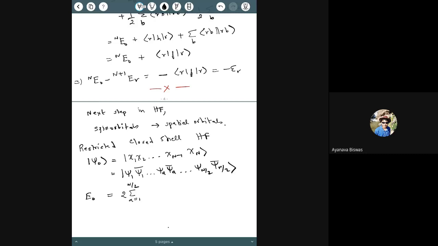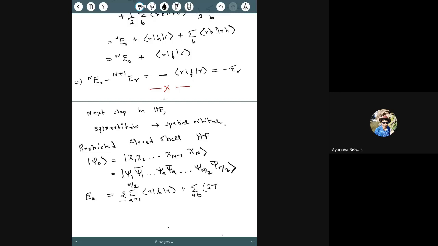And when you integrate out the spin, you get a factor of 2 over here in the 1 electron part, and in the 2 electron part, is there a half here? I forgot. No, I don't think so.